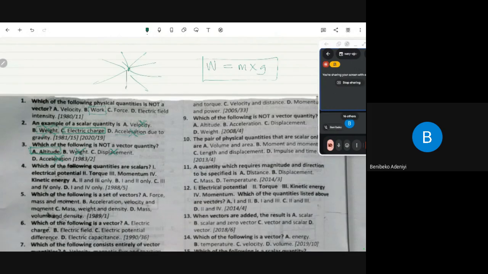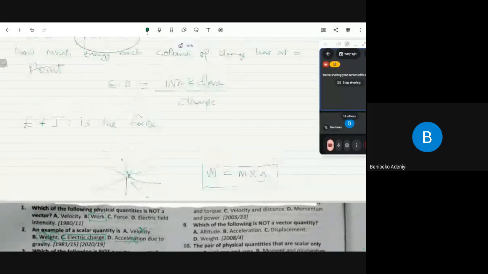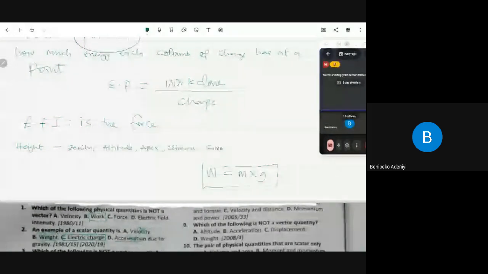When you get to English synonyms, the teacher is going to give you like seven synonyms for height. Let's see if I can remember all of them. Height synonyms. Anyone you remember, drop it in the chat. Zenith. Altitude. Apex. Climax.